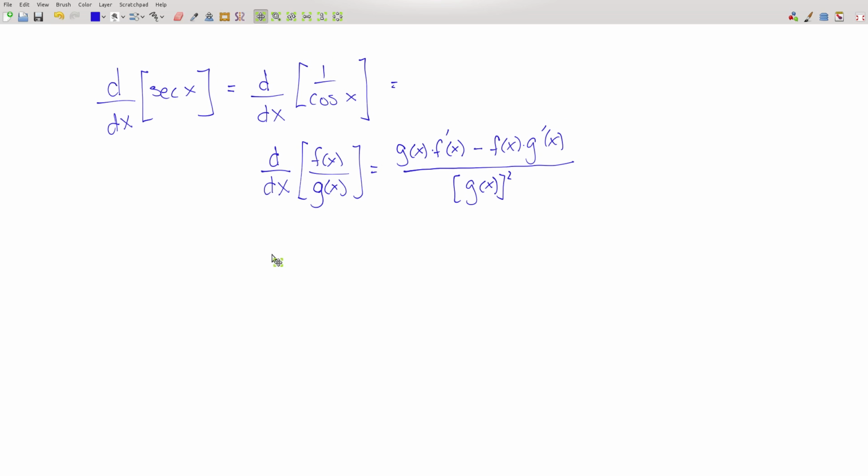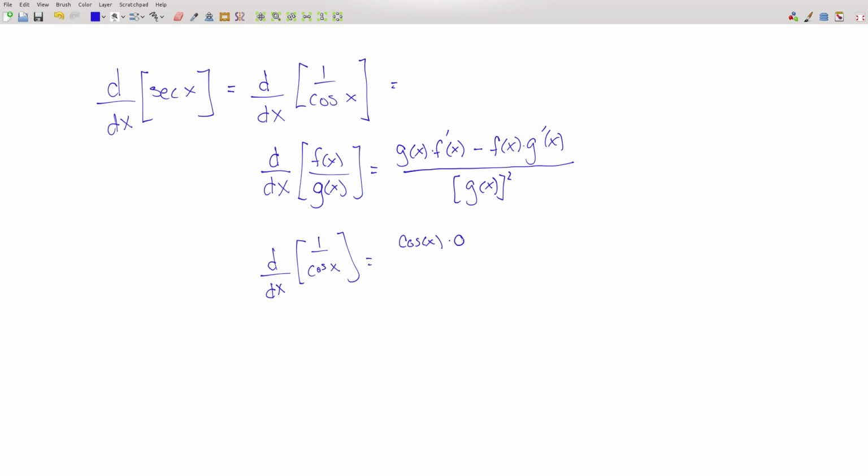Okay, so we will do that right here. So we have, this is the derivative of 1 over the cosine of x. Well, that's going to be equal to the cosine of x times the derivative of 1. But 1 is a constant, and the derivative of a constant is 0.